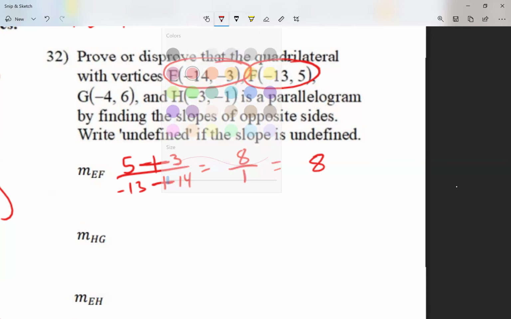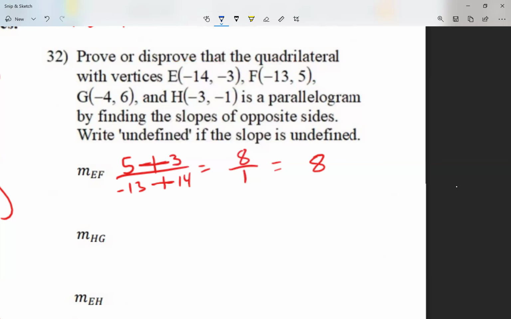Let me switch to blue so we don't get confused. Now I'm going to be looking at HG. So here's H, here's G. I'm going to start with my values of H. Just pick a point. That's going to be your second point. It doesn't matter which one. So I'm starting from the values of H, right?